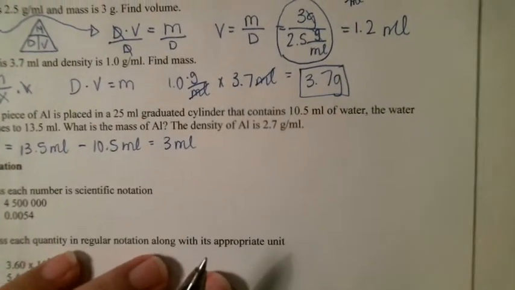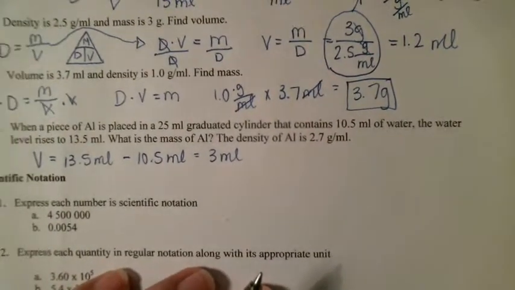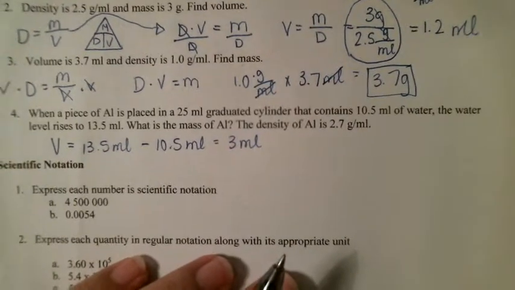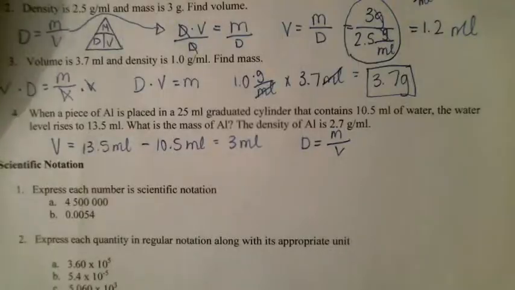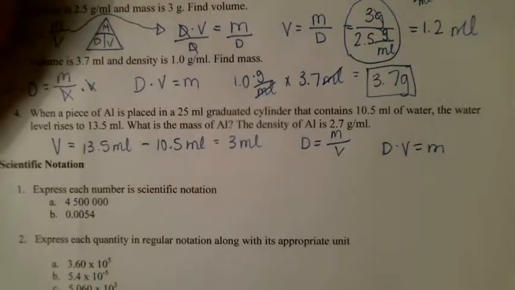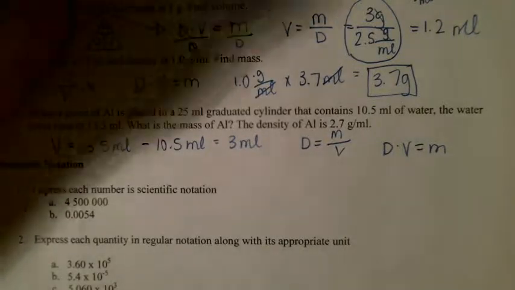Let's start by writing our formula again. So let me just get this whole question on the page. There we go. Density equals mass over volume. Mass is going to be density times volume. Okay. Density is given as 2.7 grams per milliliter.